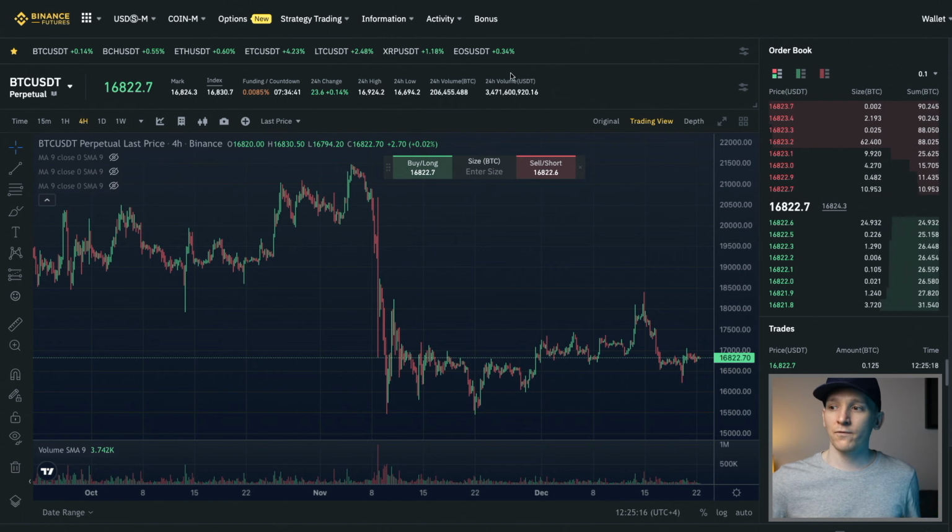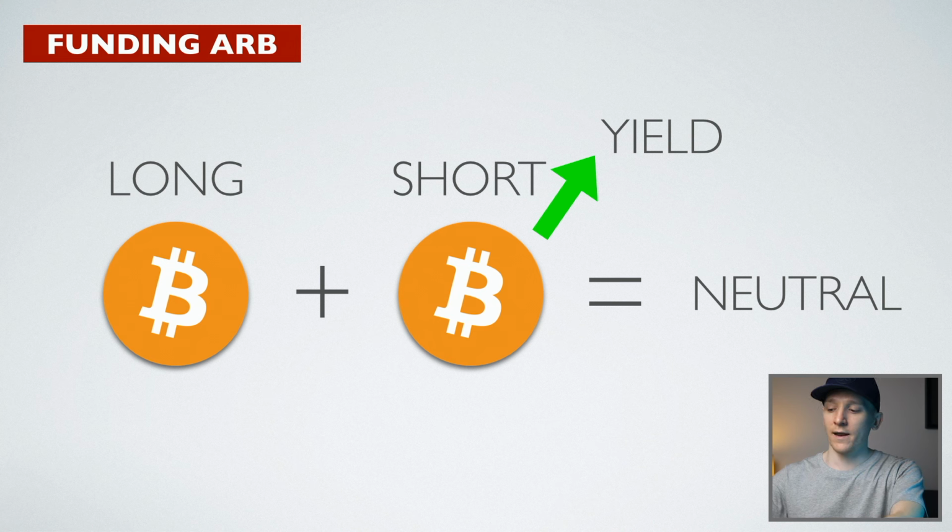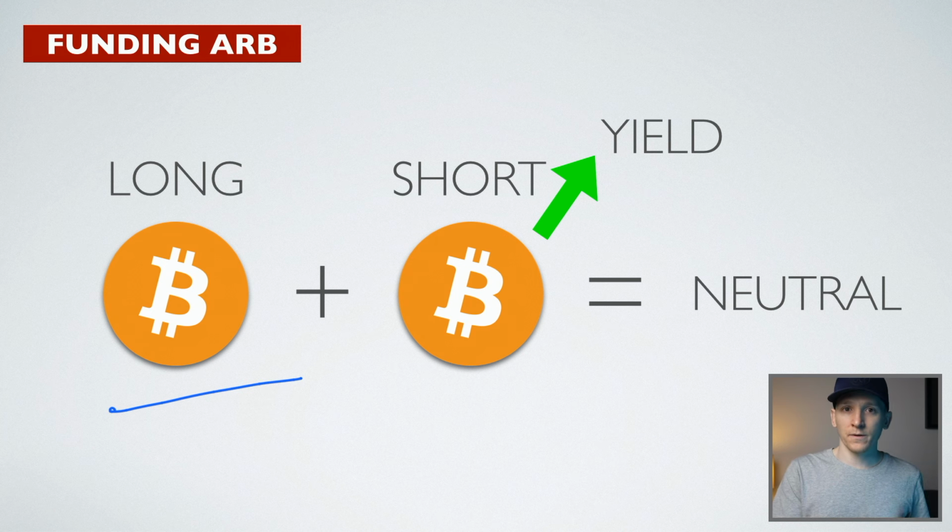Now, we can take advantage of these price discrepancies as well. So this is exactly how it works in terms of the underlying. What we can do here is go long in the spot market. So we would take a long position, let's say $10,000 worth of BTC. Now you go short in the futures market as well, the exact same amount, so $10,000 of BTC.